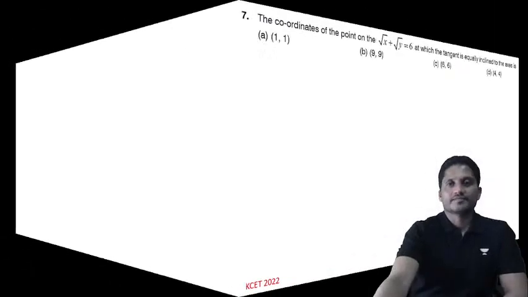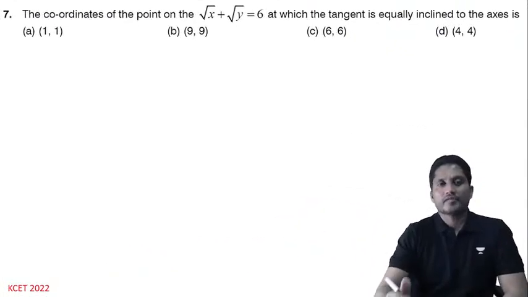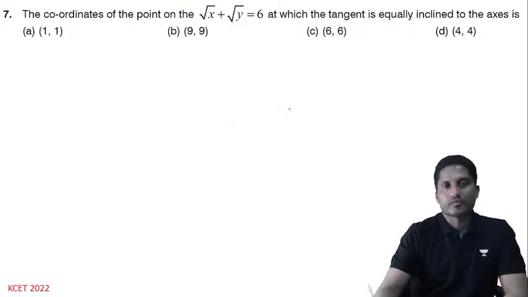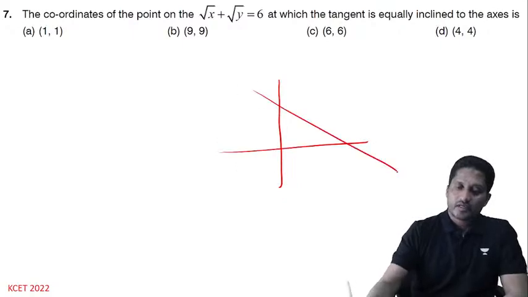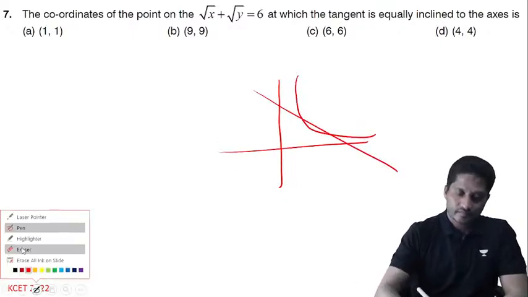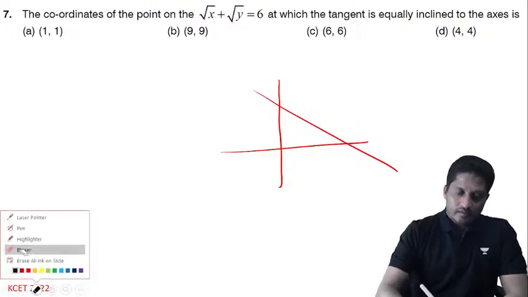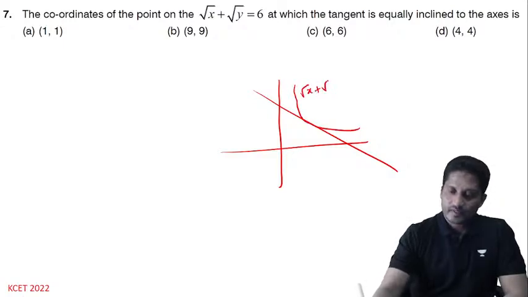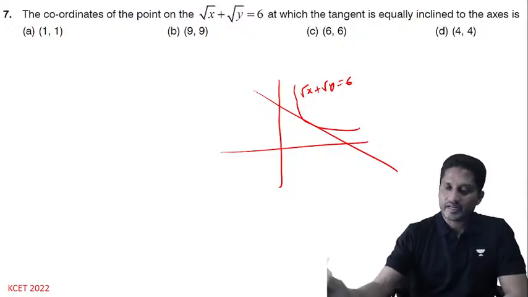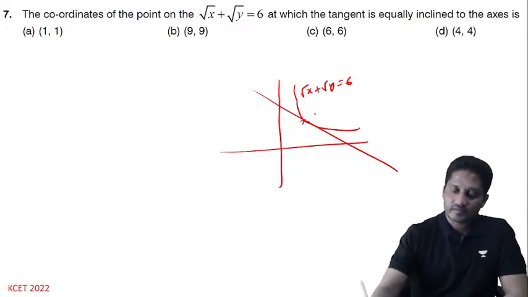Question number 7. The coordinates of a point on the curve root x plus root y is equal to 6. See, no need to do the problem, guys. Only 9, 9 will satisfy this curve.